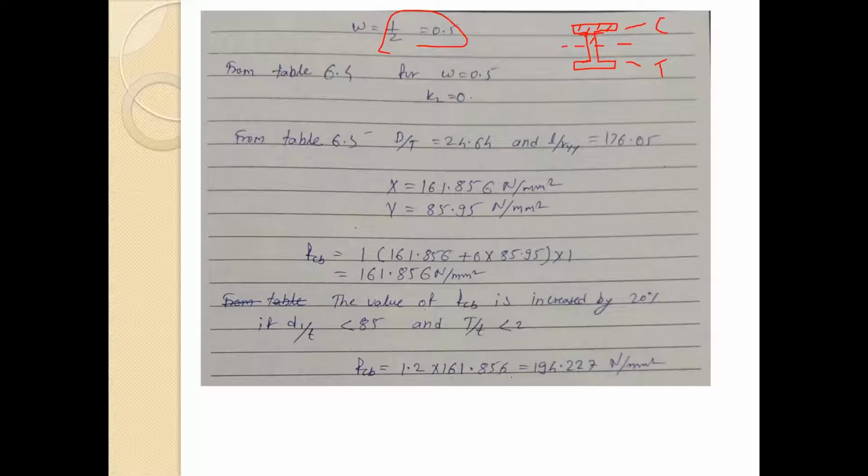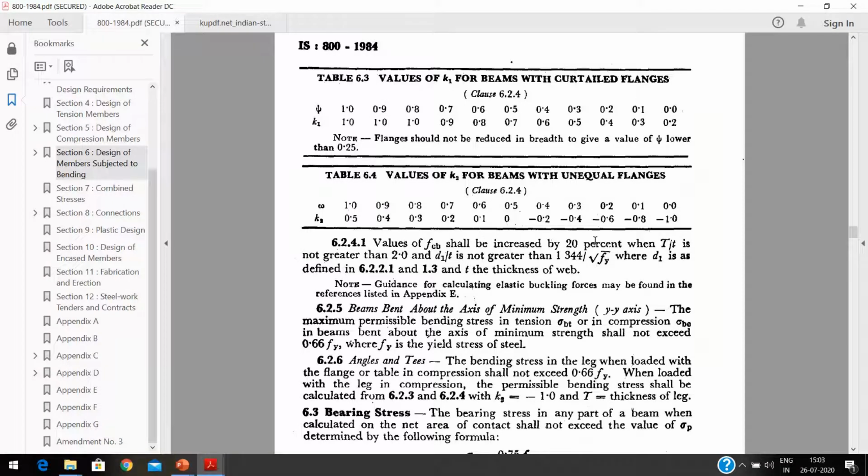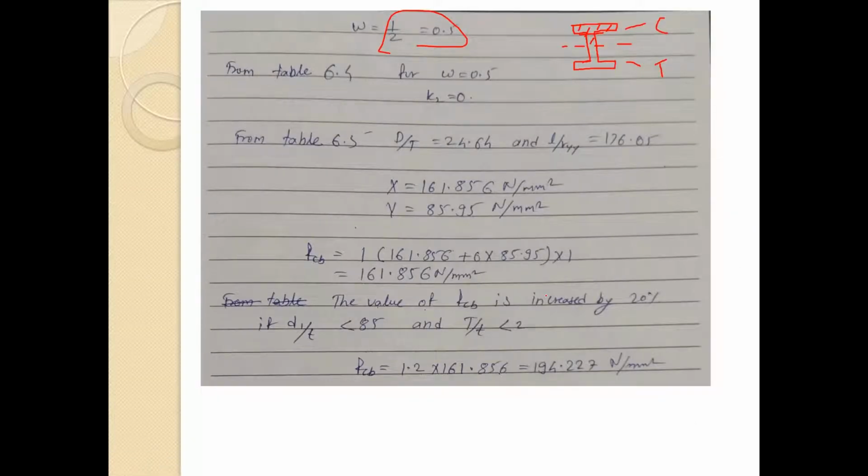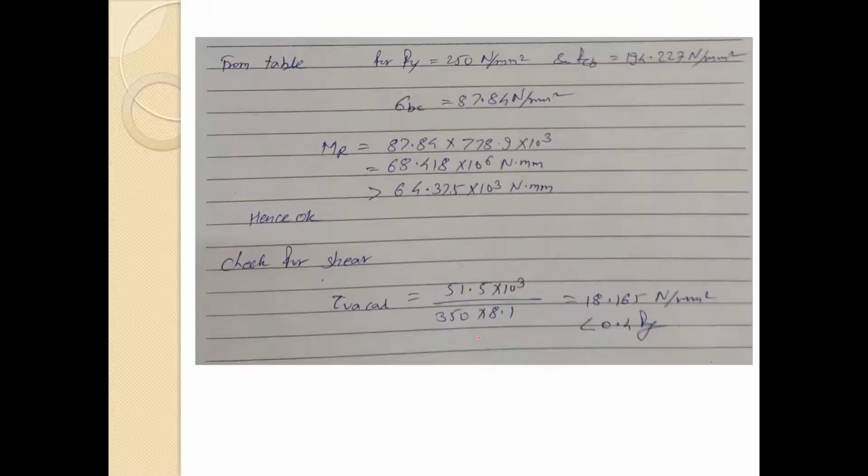So again we are increasing this value, so that becomes 194.22. The value of FCB is increased when the T by t is not greater than 2 and D by t is not greater than this value. So by increasing 20% we'll get 194.22.